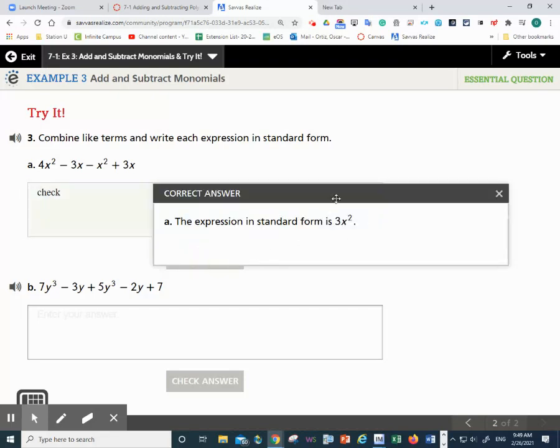So after you combine, you actually end up with only 3x to the second power. Notice that here there are 2 terms that form what is called a zero pair, because negative 3x plus 3x simplifies to 0. So it's a pair that simplifies to 0, so it's called a zero pair.